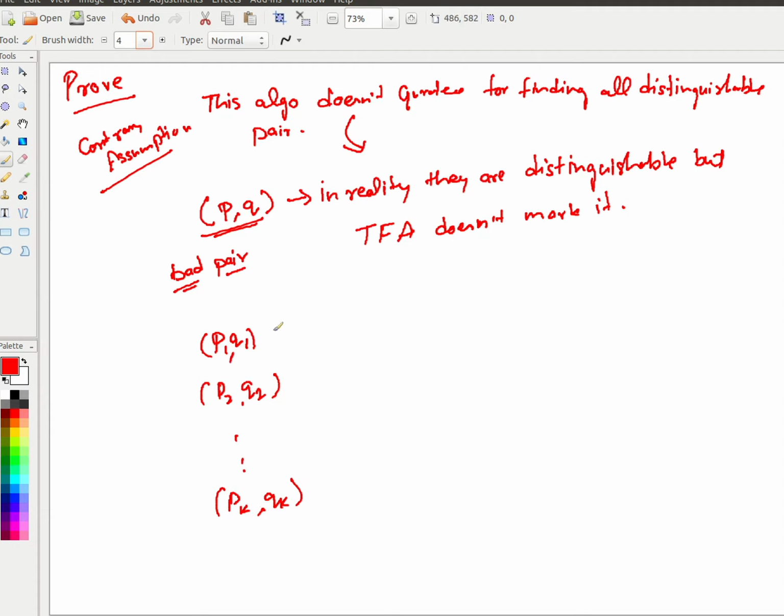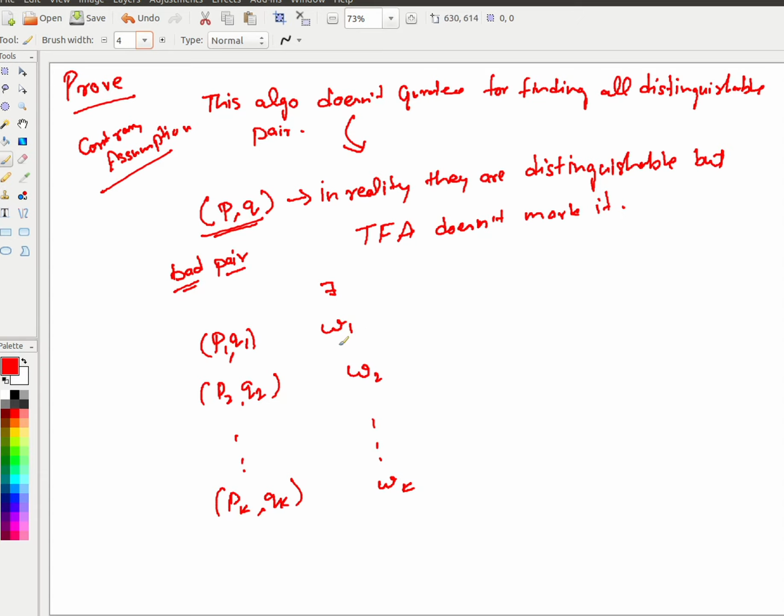Now, if these are distinguishable, what is guaranteed? That there exists some strings W1, W2 up to WK that distinguish them. If these are in reality distinguishable, you should be able to find counter strings that prove it.